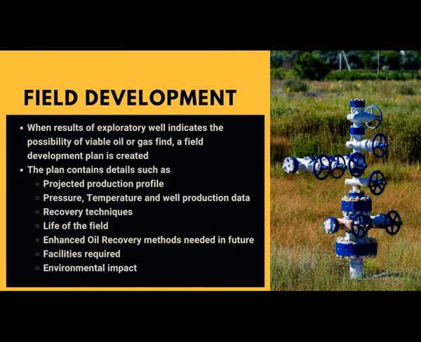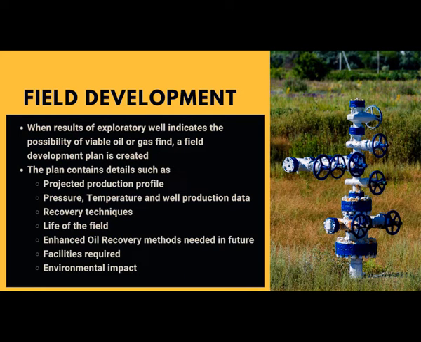Now once oil is producing, the upstream companies will start developing the field. This phase is known as the field development phase. When results of the exploratory well indicate the possibility of a viable oil or gas find, a field development plan is created. So this has got multiple steps.